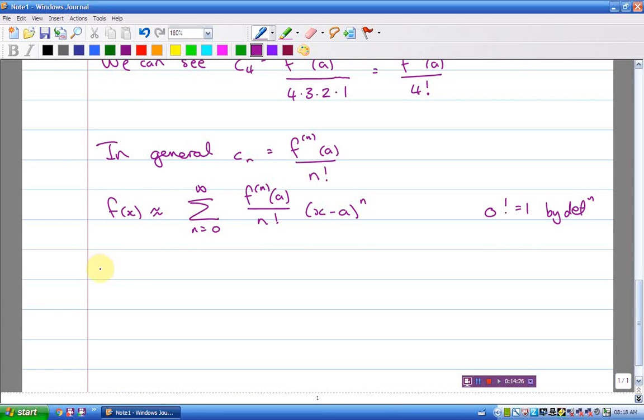So sine x, cos x, e to the x, and ln of 1 plus x are the, shouldn't say popular, that doesn't sound good.